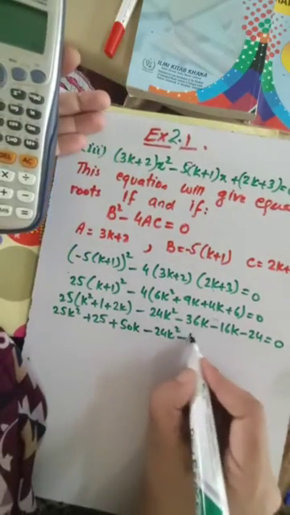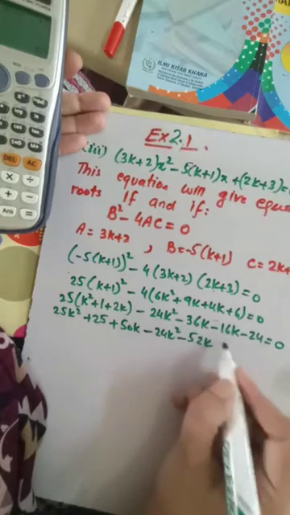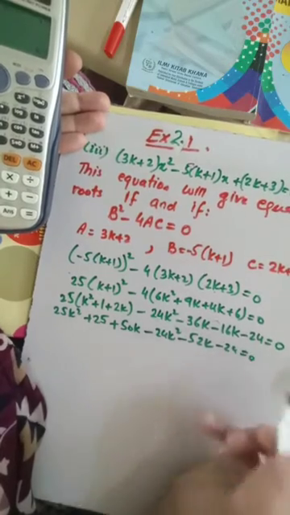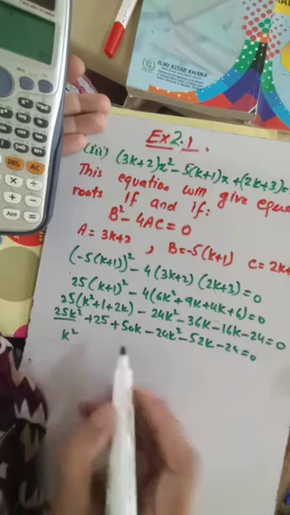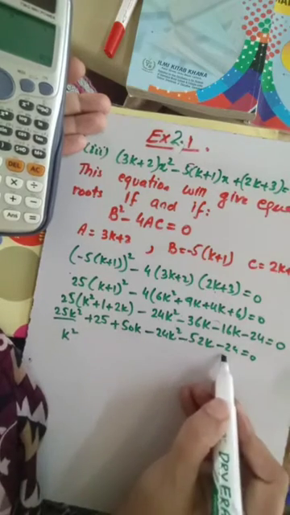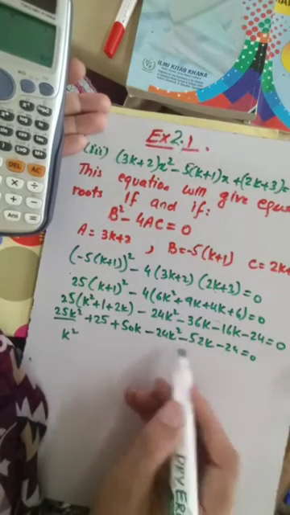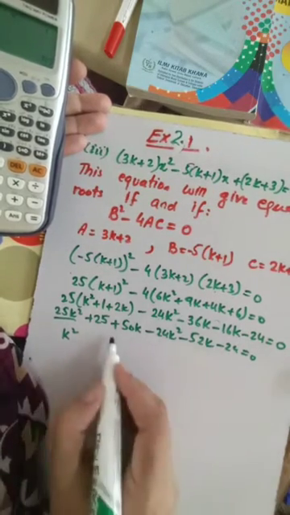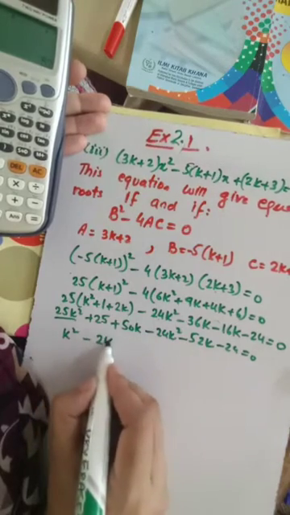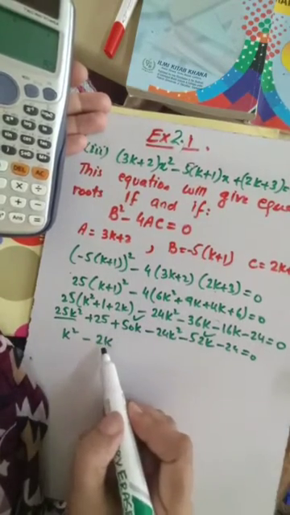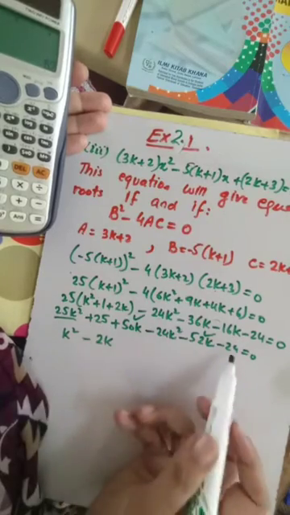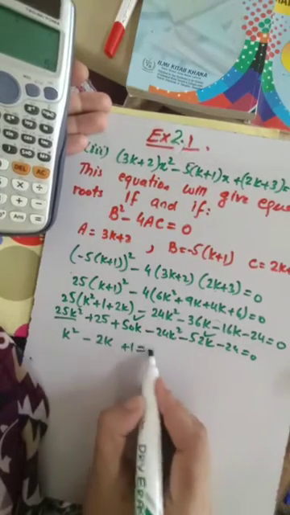Yes, this is equal to negative 52k. Adding these two, minus 24 is equal to 0. Now 25k square minus 24k square will be k square. 25 minus 24 will be just 1, and 50k minus 52k will be negative 2k. So adding 50k and negative 2k, I'm getting negative 2k, and 25 minus 24 will be plus 1.